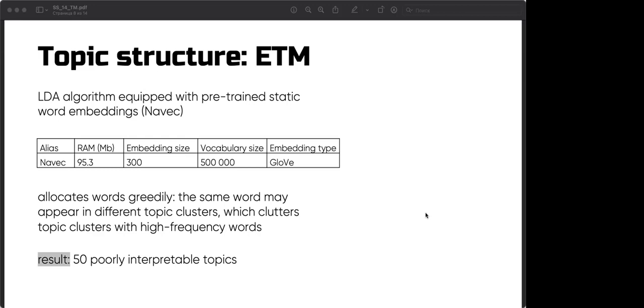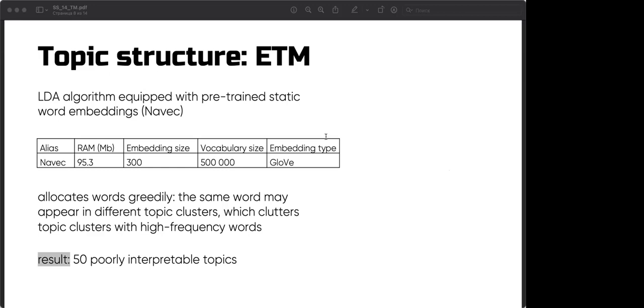Excuse me, I've just lost track of the file where the topics were collected. So I think I'll make a small pause here and return to the presentation, but I will show that to you going forward. For now, I think it's not exactly important. I'll just state for a fact that the end result of this algorithm was some dozens of pretty poorly interpretable topics because of the non-exclusionary approach, because the same words did occur in multiple topics.